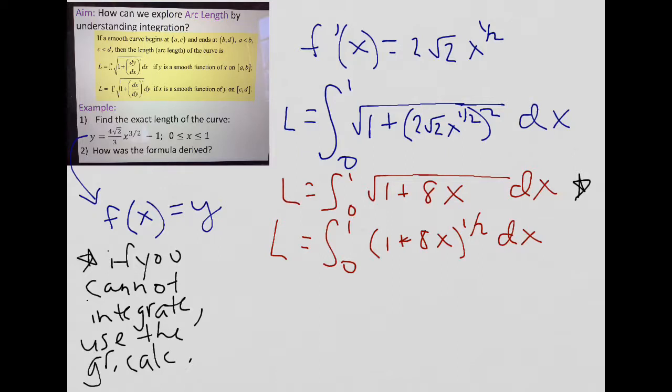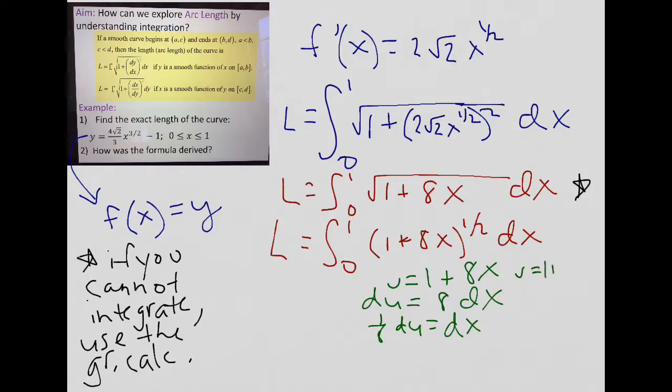So if u is 1 plus 8x, then du would be just 8dx. So dx would be 1/8 du. Now you could also replace the values for u if we leave it in terms of u. So if u is 1 plus 8 times 1, then u becomes 9.